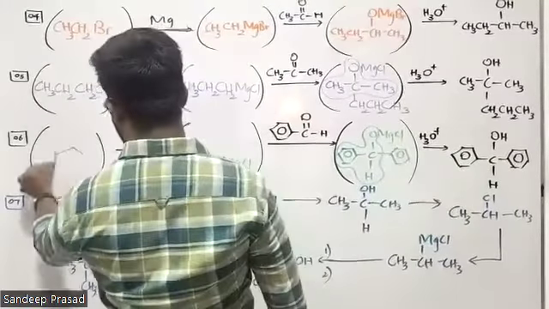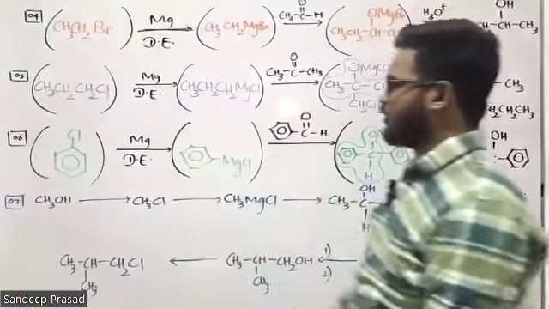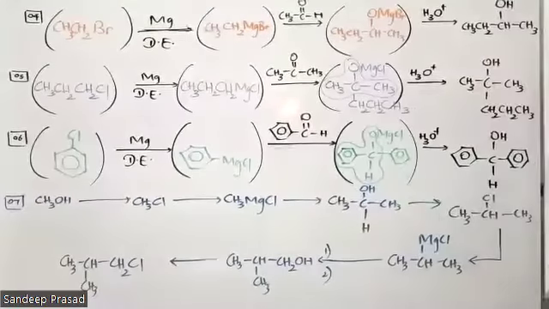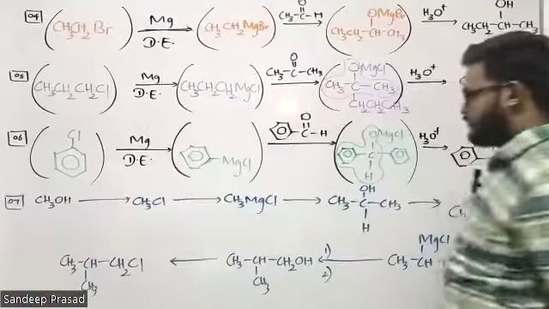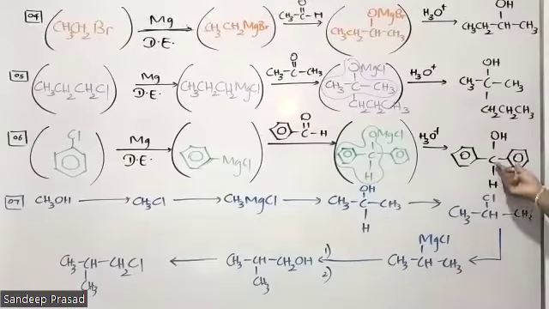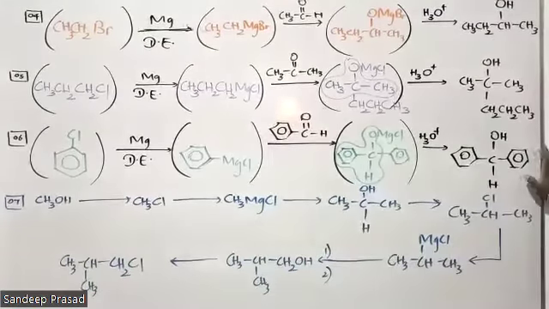And then initially we had chlorobenzene, right? For the chlorobenzene, they have added magnesium diethyl ether, formed the Grignard reagent containing the phenyl group, and they have continued the reaction to produce this kind of alcohol, right? So we have started from chlorobenzene, and you can understand where we have stopped, right?